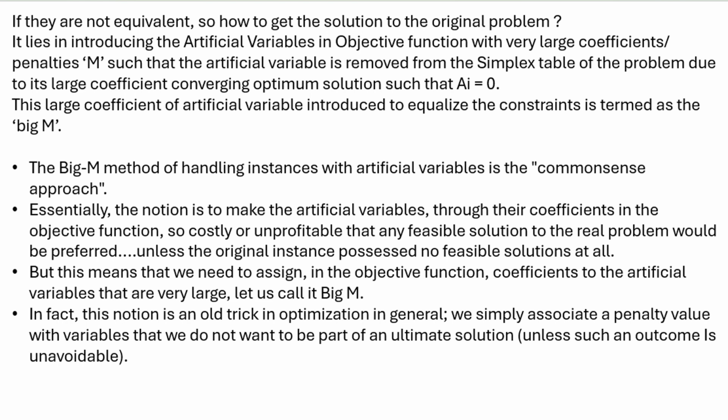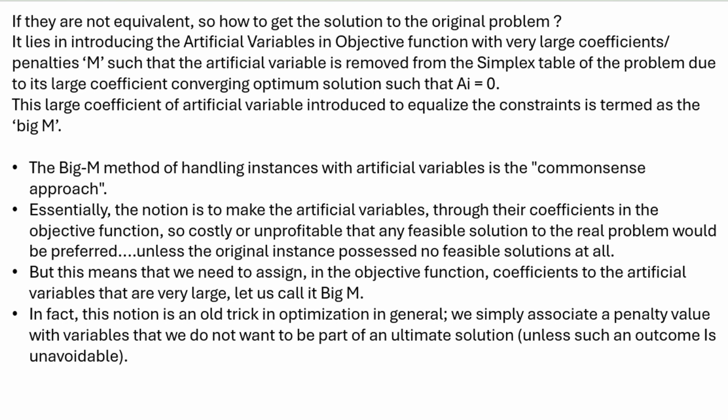This large coefficient of the artificial variables introduced to equalize the constraints is termed as the big M. And this big M method of handling the instances with artificial variables is the common sense approach.